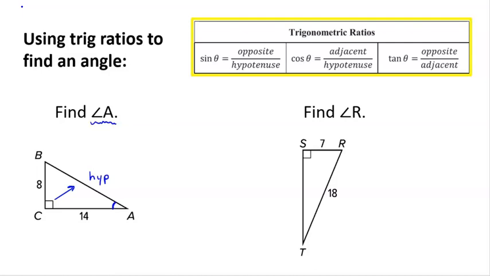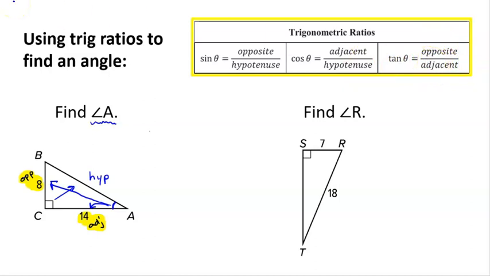Then I want to figure out what these are. This is going to be my opposite side, and this is going to be my adjacent side. Based on what information they gave me, the opposite side and the adjacent side, I want to figure out which trig ratio uses those two. The one that uses the opposite and the adjacent is my tangent.